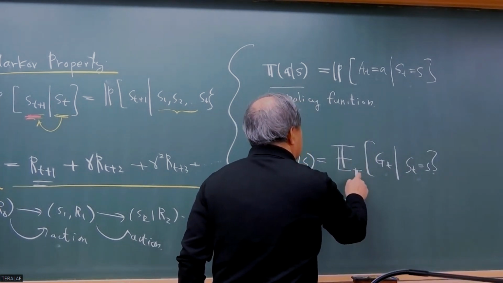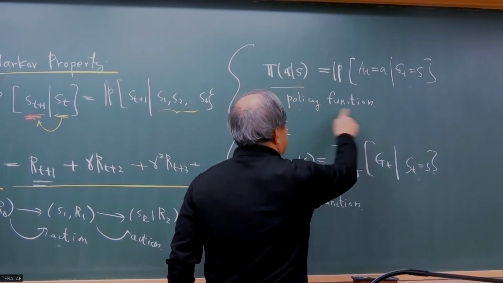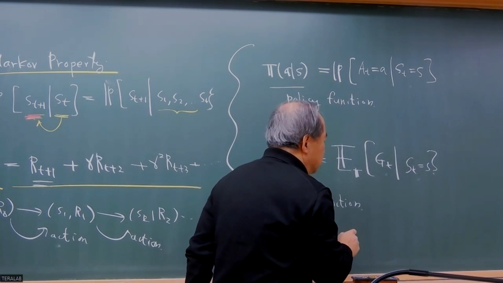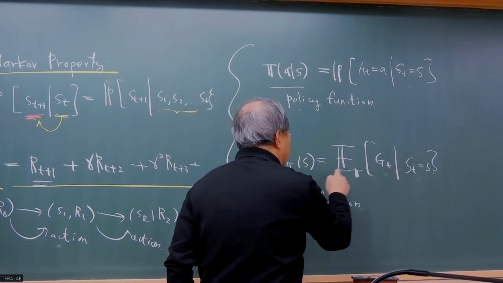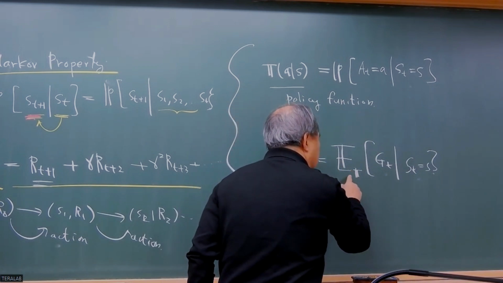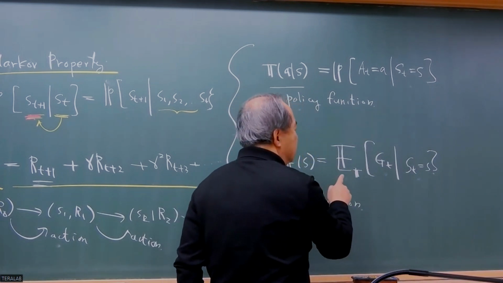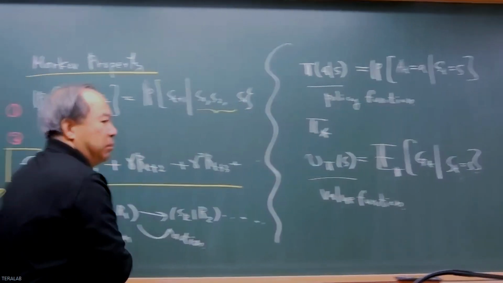Because action is actually kind of a probability function. So when we are calculating this value function, we have to apply the probability because we don't know what the action probability is.